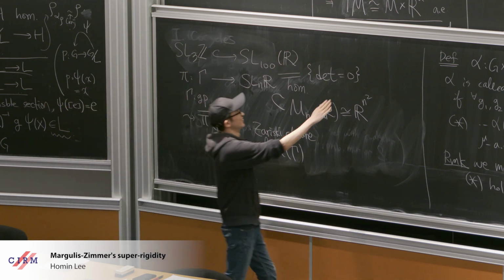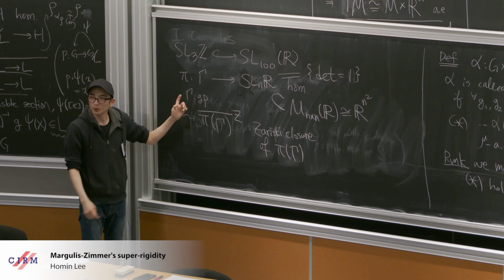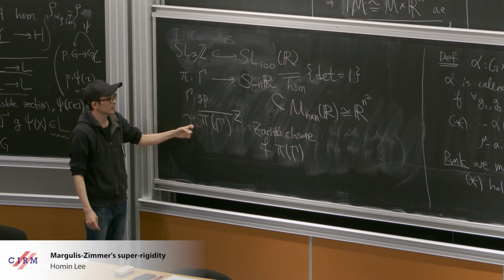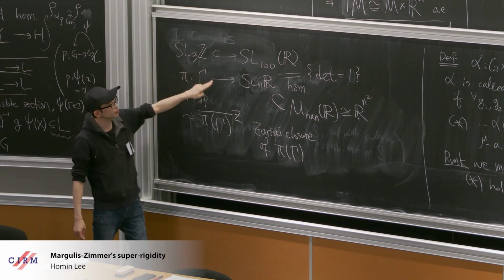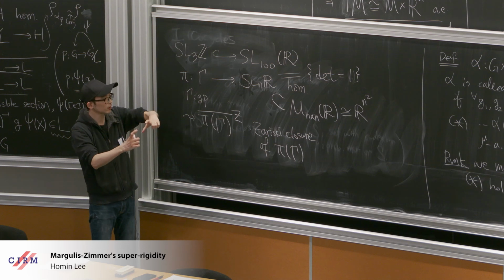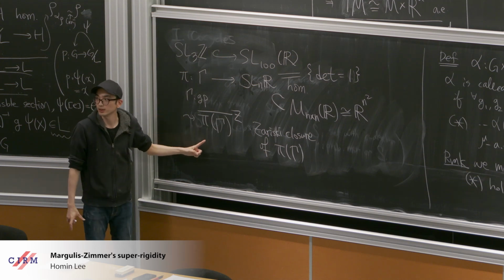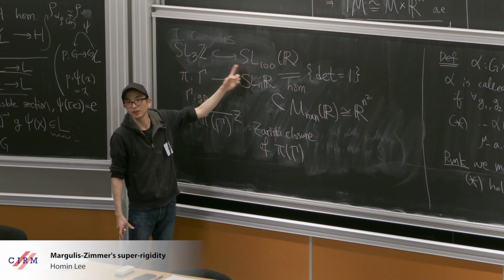Thank you. We will come back to this a little later, but if you have a homomorphism from SL3Z to SL n R, then the right envelope we want to consider is the Zariski closure. We do not want to consider SL100R as an envelope for SL3Z.